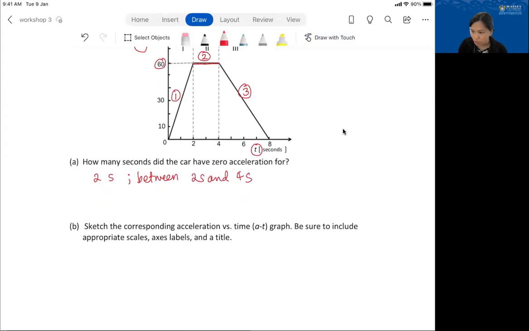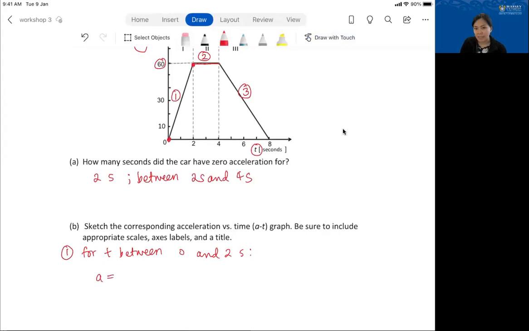So for the first section, for time between 0 and 2 seconds, you need to get the slope of this graph. So take 2 points along the slope. I'll take the endpoints.